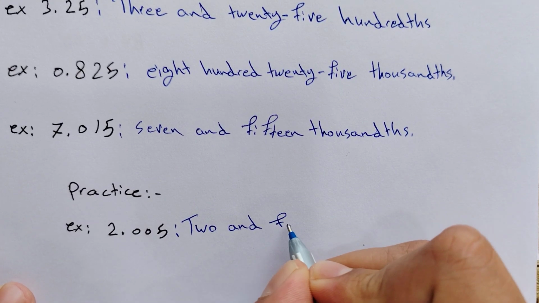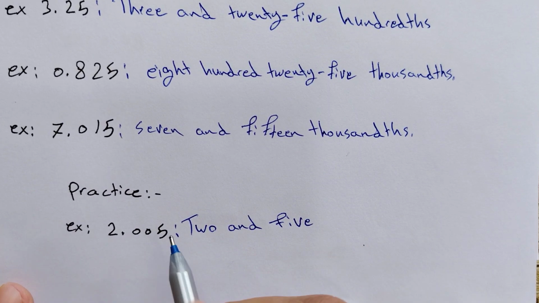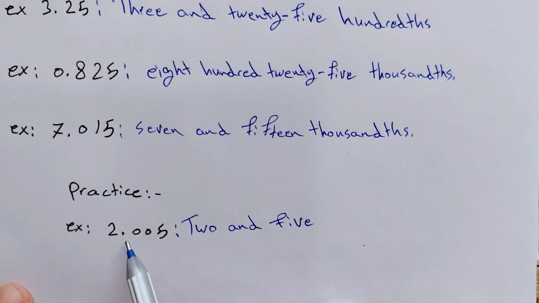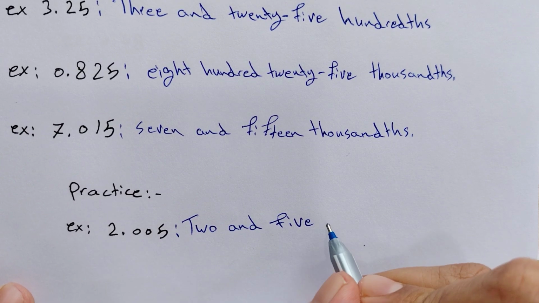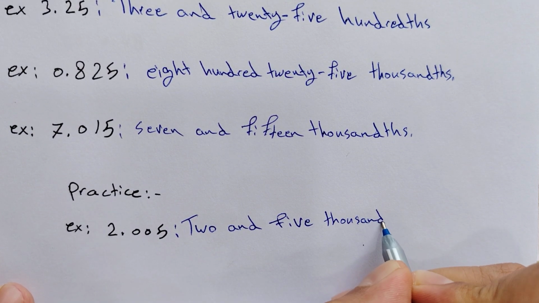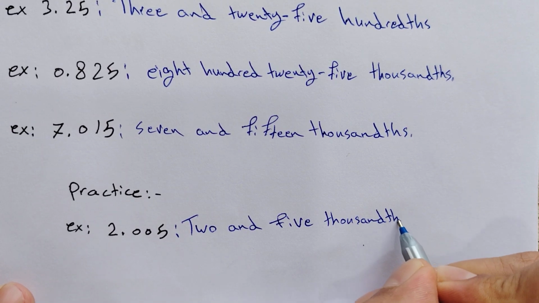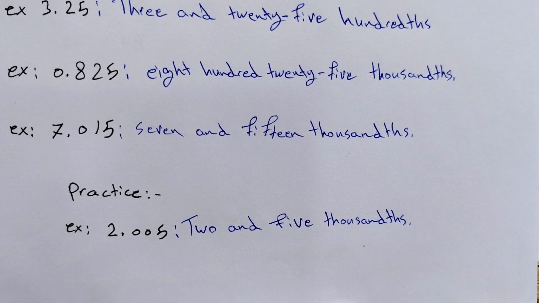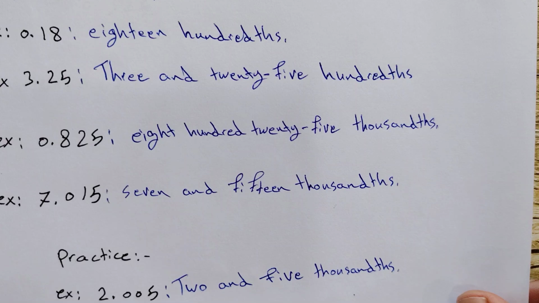Only 5. Which place value the 5 is in? We will go to the decimal point and check tenths, hundredths, thousandths. With th. Okay, this was word form.